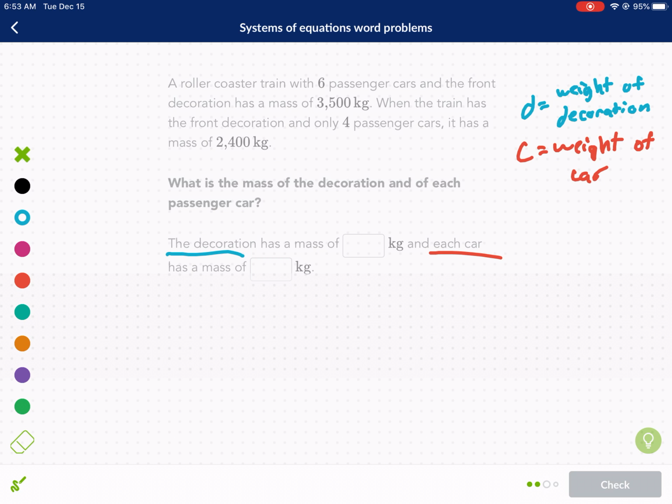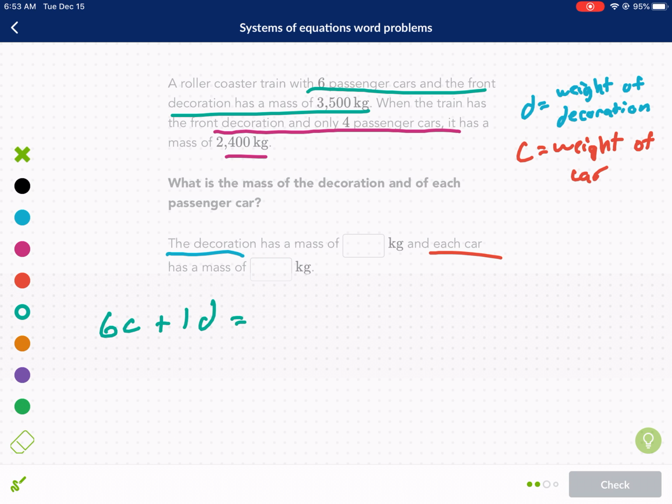The reason why this one's easy is because this first equation gives us the first scenario very clearly, no dancing around, and this one is very clear also. So our first equation is going to be 6C plus D, 6 passenger cars with the decoration, there's only one decoration, equals 3,500.